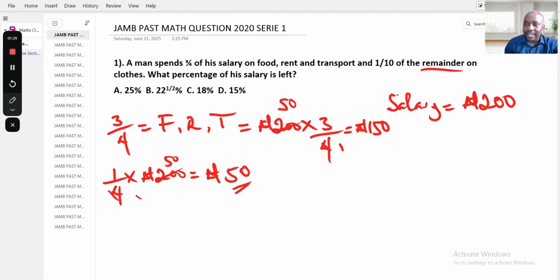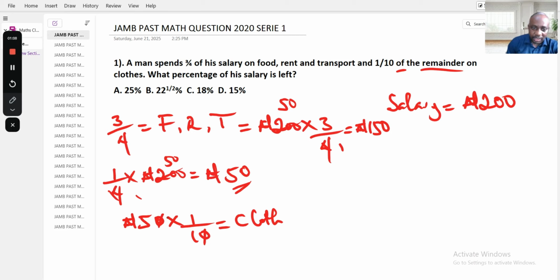Now we are told the man spends additional money on clothes, one-tenth of the remainder. When you see "of", it means multiplication. So 50 naira multiplied by one-tenth, spent on clothes. That gives us 5 naira.